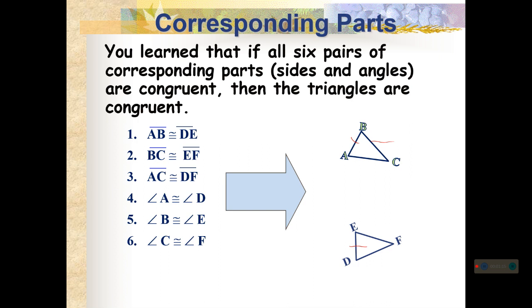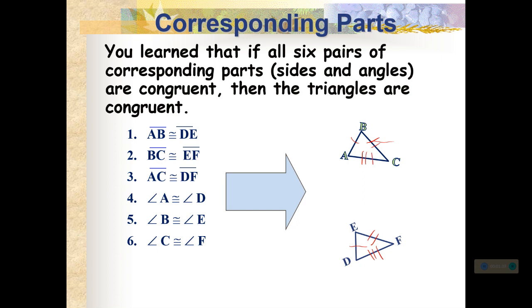Number 2, segment BC is congruent to segment EF, so we should have 2 tick marks. Number 3, segment AC is congruent to segment DF, so we have 3 tick marks.